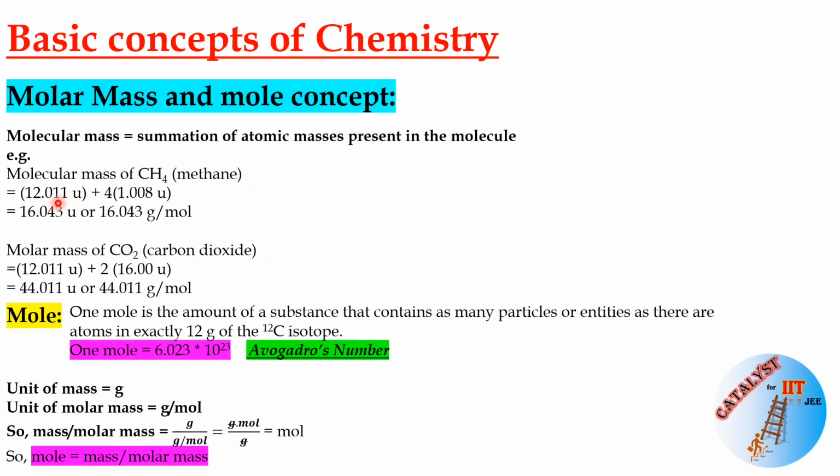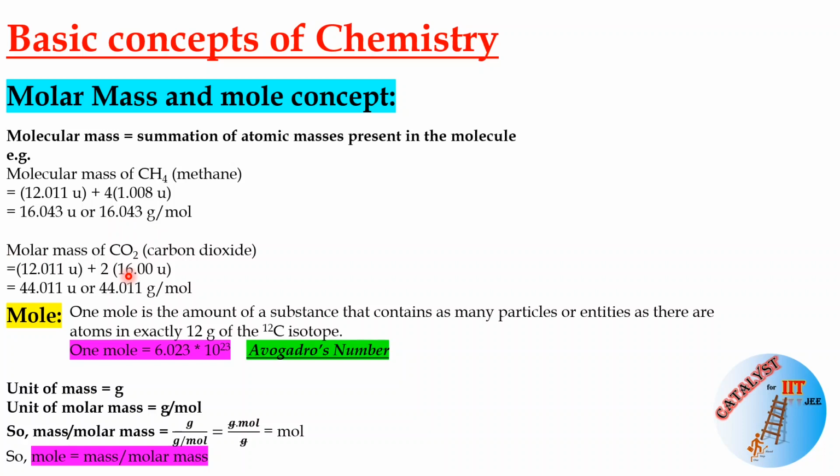Carbon has an atomic mass of 12.011 atomic unit, and you have 4 hydrogen atoms, so you need to multiply 4 with the atomic mass of hydrogen, 1.008 atomic unit. Now, you get 16.043 atomic unit, or we can also write 16.043 gram per mole. That means that 1 mole of CH4 will have the total mass 16.043 gram.